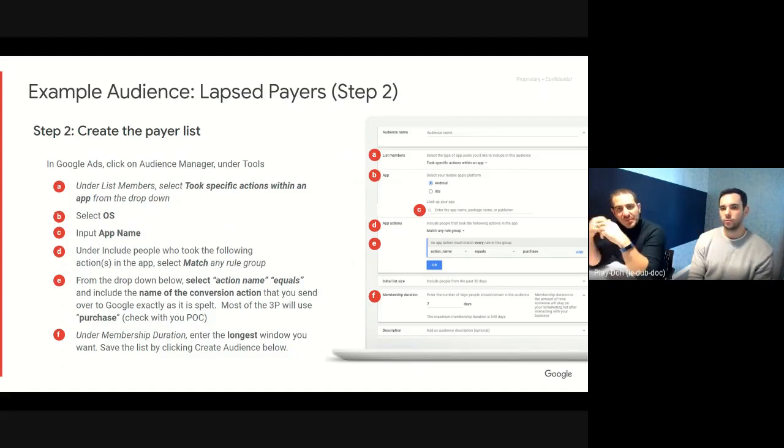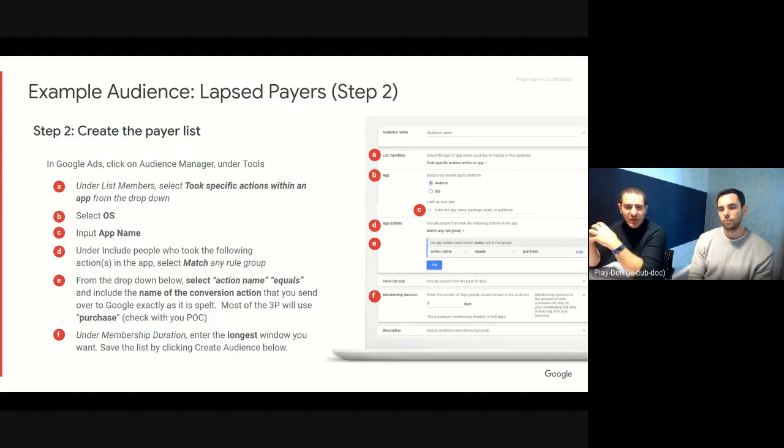The second example is for lapsed users, and as in the previous one, here we need to choose the list member. In this case, it will be took specific action within the app. We will choose the OS, account name, app name, and again we need to choose the people who are following the action within the app.